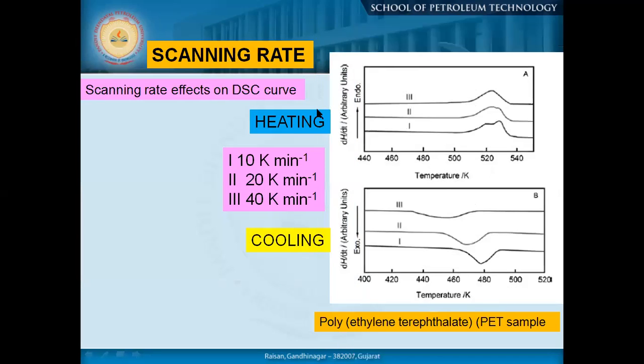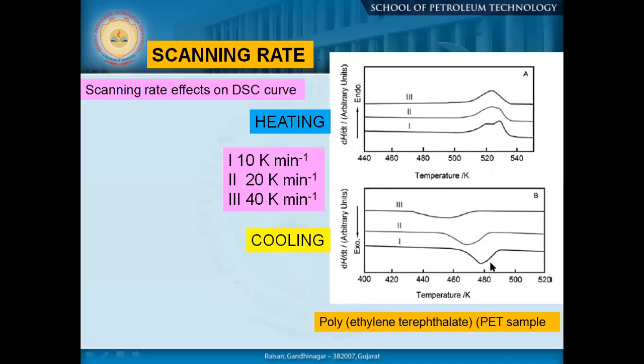Scanning rate is also an important parameter, meaning what rate you want to scan at. In a DSC, this is heating and this is cooling, but the rates are the same for 1, 2 and 3. The rate is 10 Kelvin per minute for the first graph, 20 for the second, and 40 Kelvin per minute for the third. You see a slight change in the graph in each case.